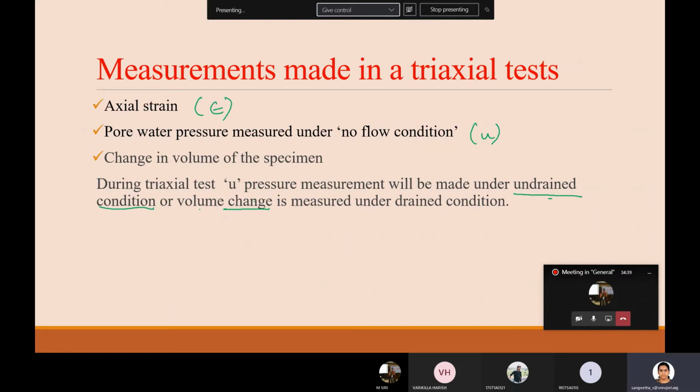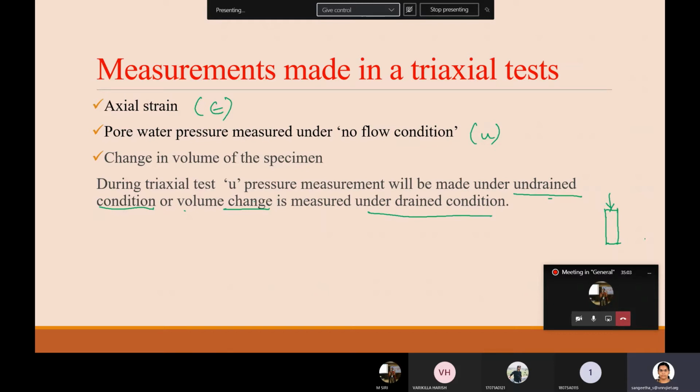Suppose you wish to measure the volume change, then you have to switch over to the drained condition. Why? Once the water escapes out, only then will the soil take the load. Okay, so as long as the water is in, the soil will not get stressed. Your total stress will not be shared by the soil particles.